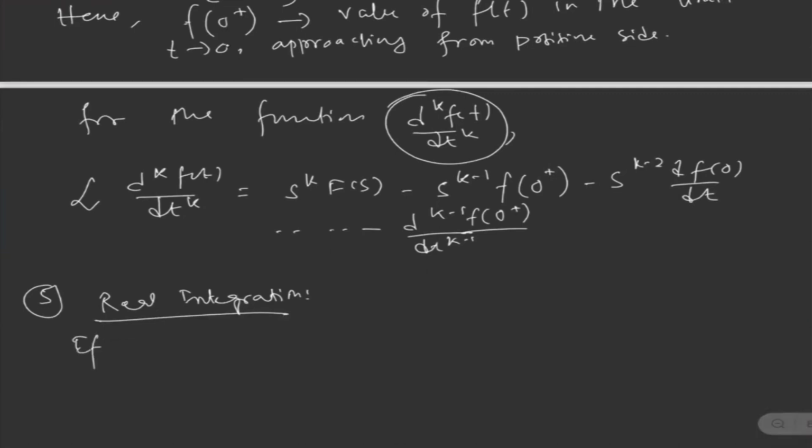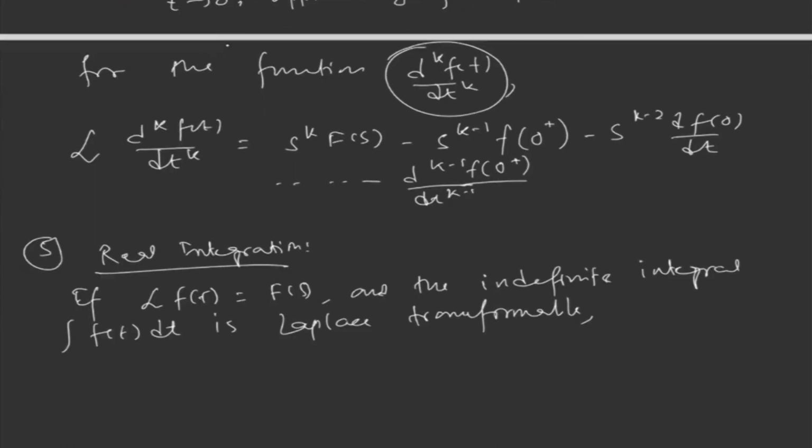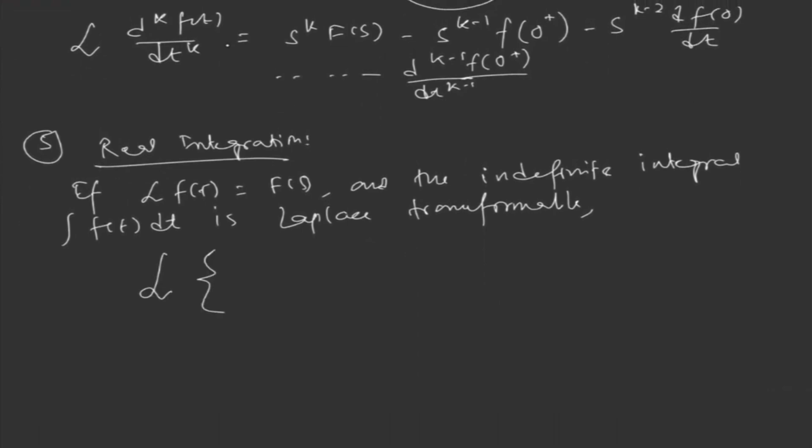If the Laplace transform of function f(t) equals F(s), and the indefinite integral of f(t) dt is Laplace transformable, then we can write the Laplace transform of the integral of f(t) dt as F(s) by s plus 1 upon s times the integral of f(t) dt at 0.